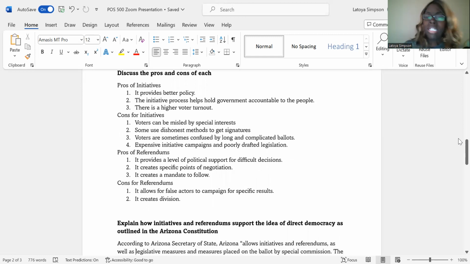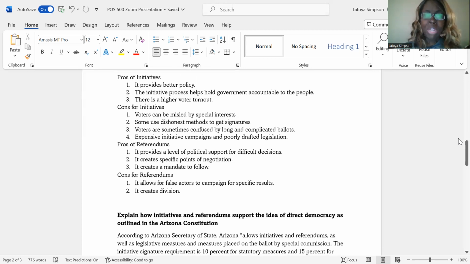So our next subject was to explain how initiatives and referendums support the idea of direct democracy as outlined in the Arizona Constitution. So I'm going to be reading this.